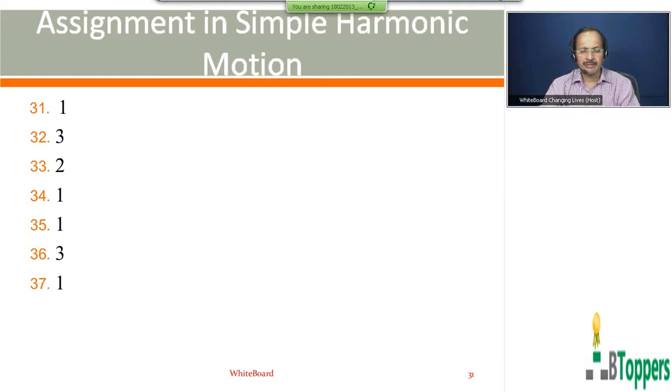For question 36, third option. For question 37, first option. For question 38, third option. Even for question 39, third option, and for question 40, also third option. Come on, take a pause and copy these answers on your paper.